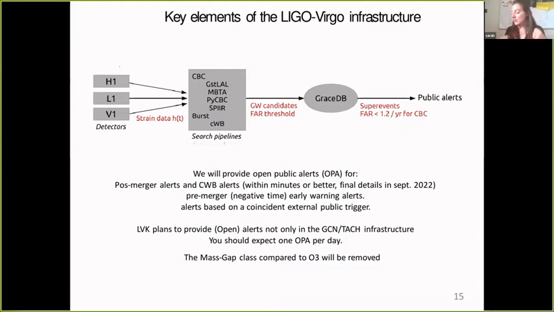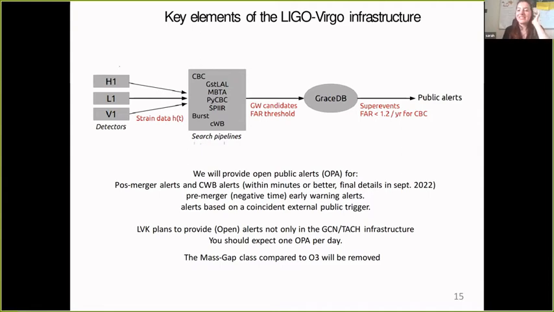I will start with improvements from the LIGO Virgo side about the alerts. We will still, in LIGO Virgo, deliver the same type of alert as in O3, based on different pipelines, and also with events that are not correlated with neutron star coalescence. We will deliver our alerts within minutes as in O3, and maybe even a bit faster.